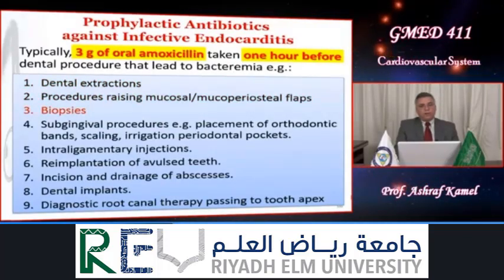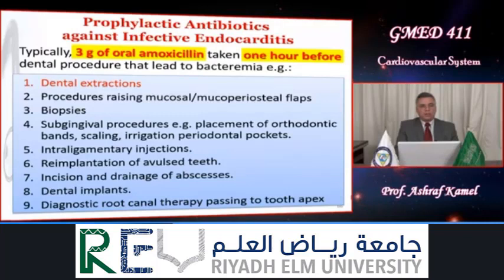So how to protect the patient against the risk of infective endocarditis? Typically, 1 dose of antibiotic, 3 grams of amoxicillin, orally taken 1 hour before the dental treatment. And what are the dental treatments that can lead to this bacteremia? There are 9.